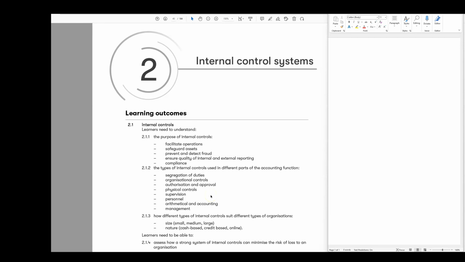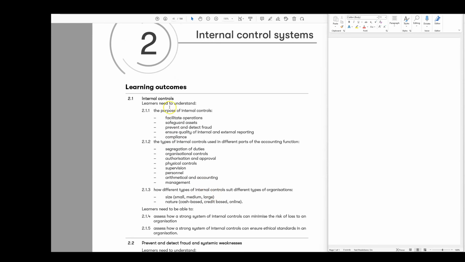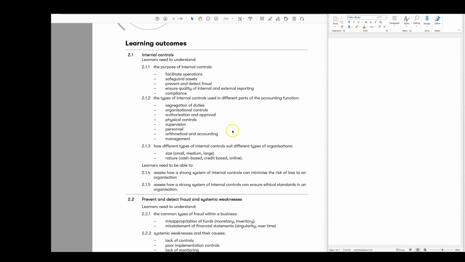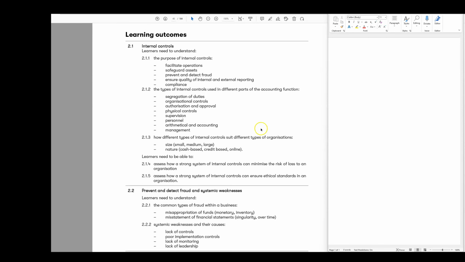If we look at the learning outcomes, it says internal control: the learner needs to understand the purpose of internal control. So we need to understand the reason we need to have a control. And then they said the types of internal control used in different parts of the accounting function. So what type of internal control could be put in place in the different accounting functions?